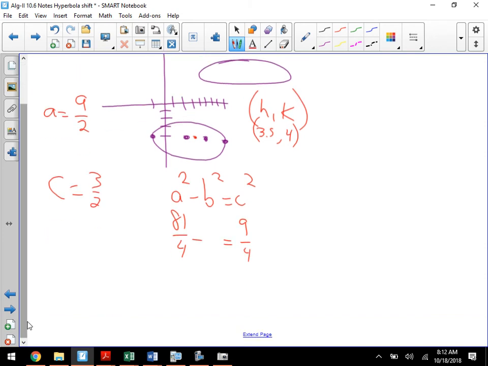Here's a dead giveaway: your denominator is going to be a 4, which makes it 72/4 for b squared. What's half of 72? What's half of that? So what's 72 divided by 4? 18.